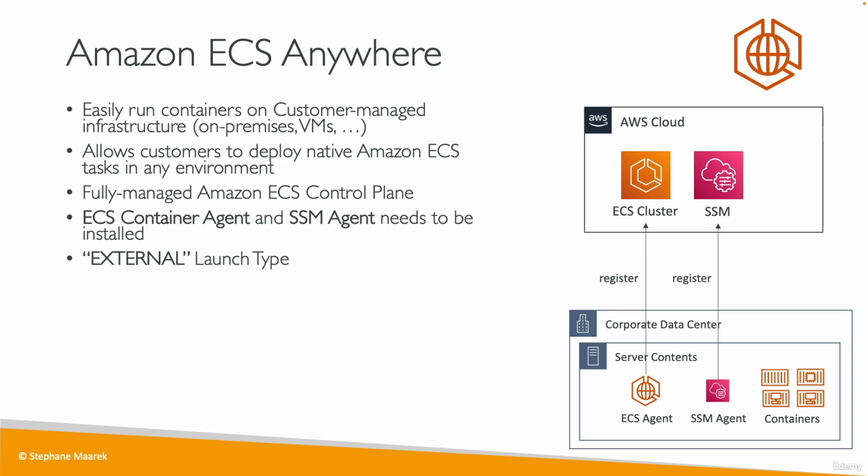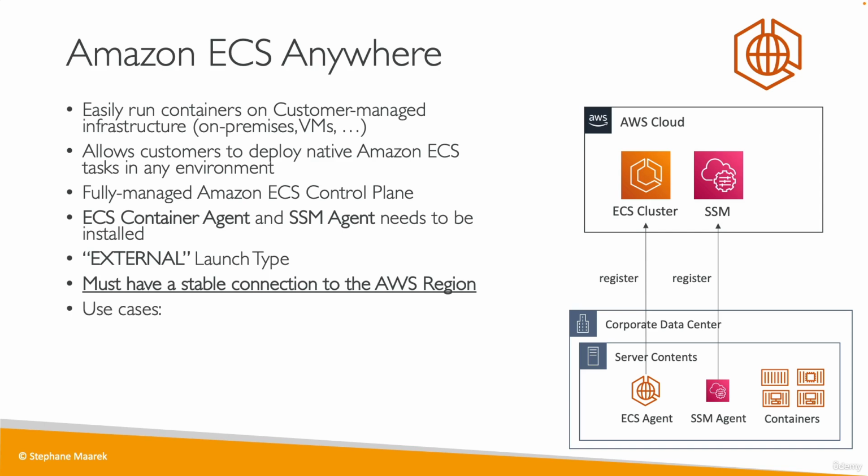So as you can see, there's a tight connection and an internet connection between your cloud and your on-premises data center, which allows you to use the ECS service to connect and launch containers on your corporate data center. So you must have a stable connection to your designated AWS region.